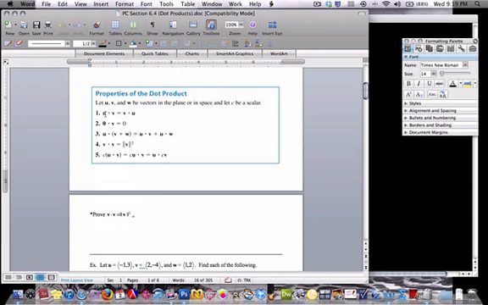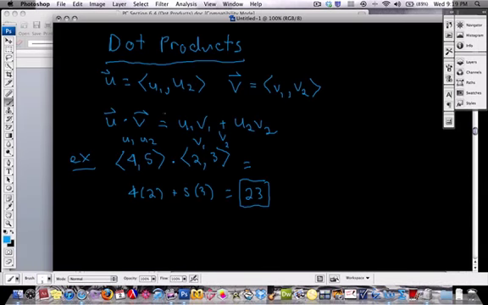Actually, let's look at property number 1 very quickly. u dot v equals v dot u. Well, we've got u dot v here. What would v dot u equal?